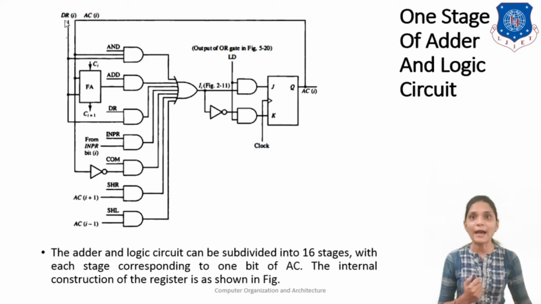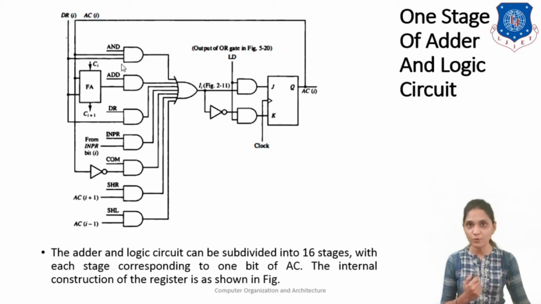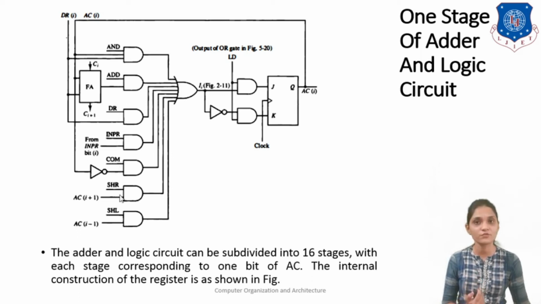Here the ith bit of the DR register and the ith bit of the accumulator register are provided with some condition: if the AND condition is there, if the ADD condition is there, the DR condition, the INPR condition, or complement or shifting right or left.